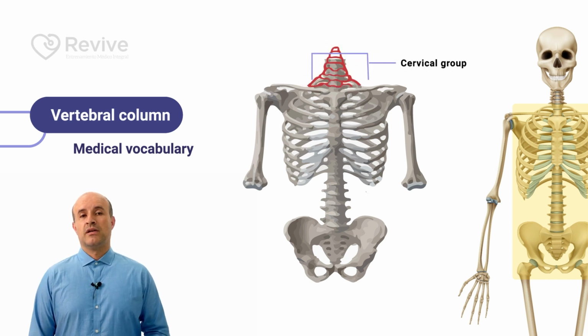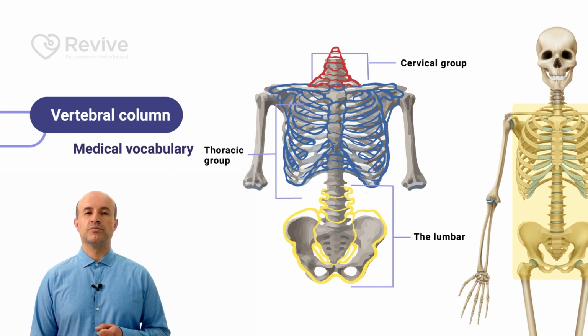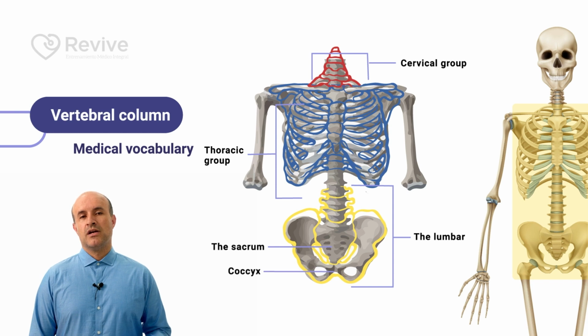The next one that we will identify, in blue, is the thoracic group of vertebrae. Then, in yellow, we will find the lumbar, and finally, our two smaller groups, the sacrum and the coccyx. These were the bones in our vertebral column.